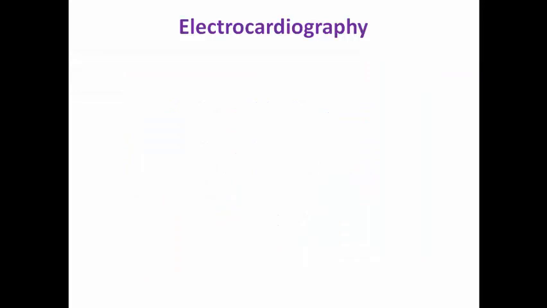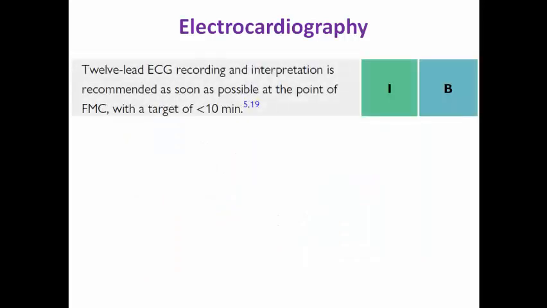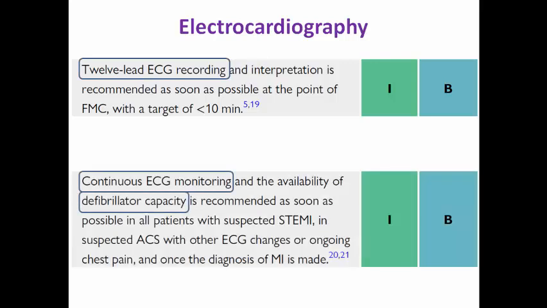What are the recommendations regarding ECG? Of course, a 12-lead ECG should be performed within less than 10 minutes from the first medical contact, and continuous ECG monitoring with defibrillator capacity should be available for all patients with suspected STEMI, suspected acute coronary syndrome, or other ECG changes, either in the ER, in the CCU, or in the chest pain unit.